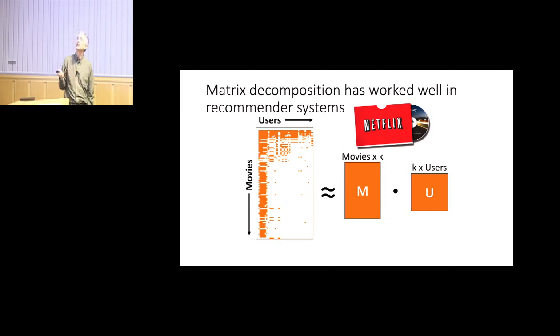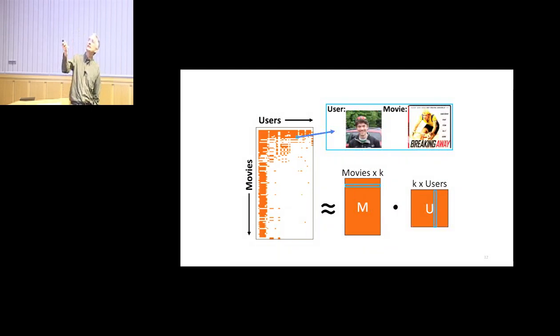And the idea is that, let's say that Tim is a particular user, and this is a particular movie. In a matrix decomposition approach, you decompose this matrix into 2 matrices, each with a latent dimension of k, k values, where the row here represents features of the movie, and the column here represents features of the user.